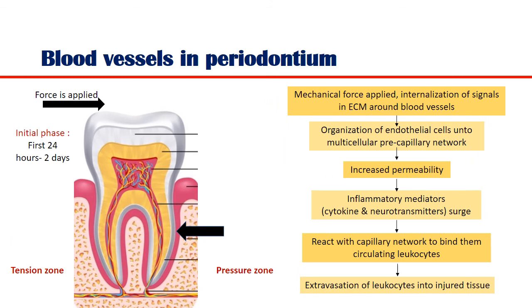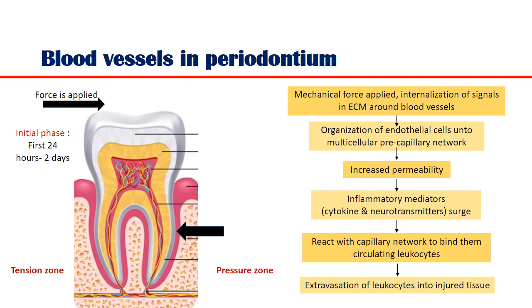If you talk about periodontium, initially when you apply the force on the tooth, what happens? Again, periodontal ligament is like a cushion. So the tooth is going to push it where you apply the pressure on the opposite side. It's going to push towards the alveolar bone. So that periodontal ligament space is going to get reduced.